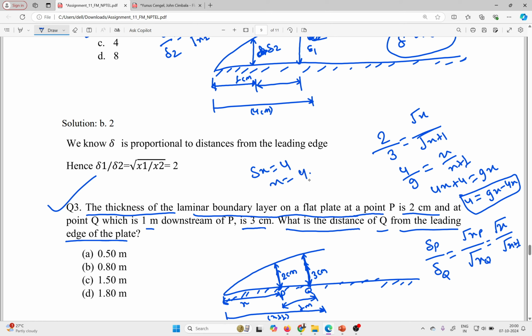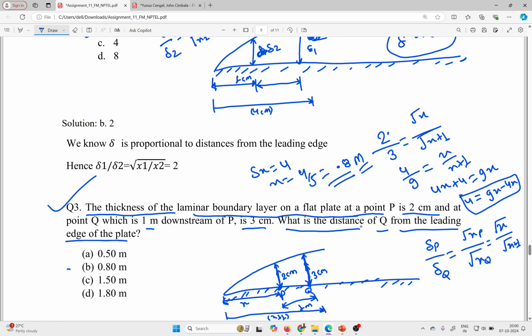X is equal to 4 by 5, means 0.8. X is equal to 0.8 meter. Why meter? Because x plus 1 is in meter. So there is no meaning of the centimeter unit, because centimeter will be cancelled out. So the unit will be important. So it is 0.8 meter.